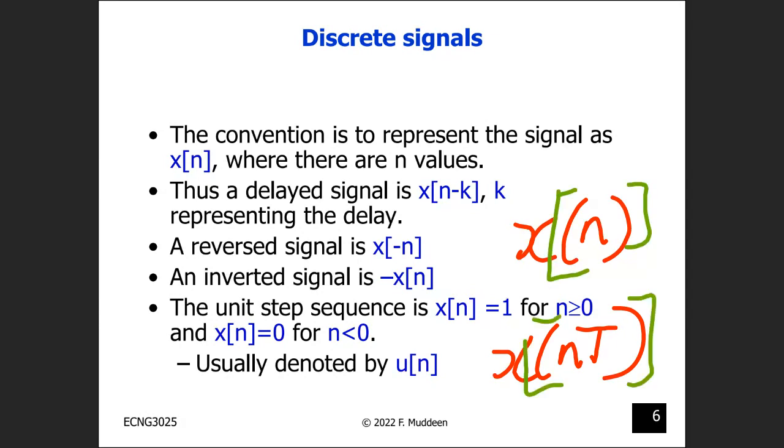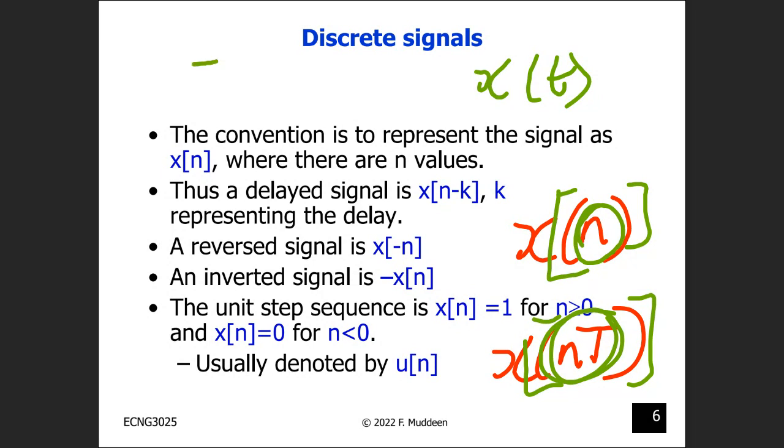But by putting n or nT, I know, or the reader will know, that you're not dealing with the continuous time domain, which would have had a lowercase t. Some textbooks may use regular brackets, but we will try to stick to our convention of using square brackets, because the square bracket also reminds you that it is an array of values.